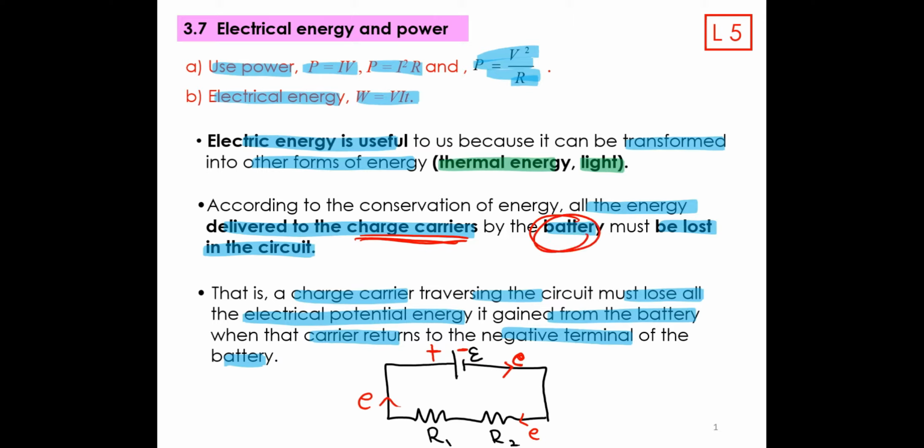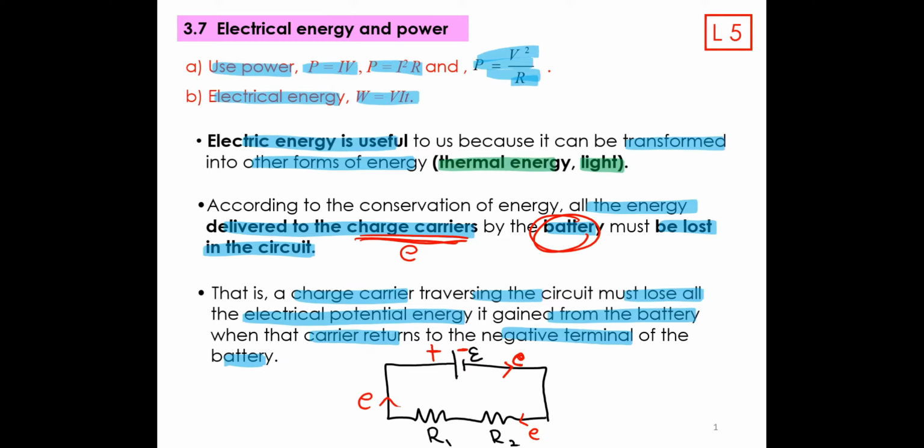Look at the second sentence. Energy is delivered to the charge carriers, your electrons, by the battery. So your electrons gain energy from the battery, and then flow across resistor 2 and also resistor 1, and produce the voltage drop.